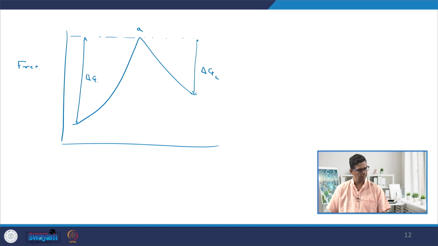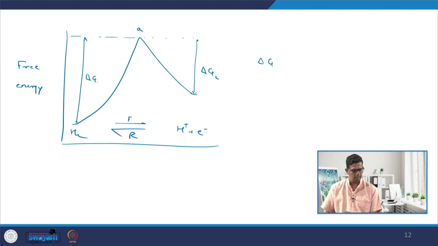This is again free energy, H2, H plus electrons. So, in this case the reverse reaction will be favored because delta G1 is far greater than delta G2, or in other words delta G2 is smaller than delta G1. So, the reaction barrier for the reverse reaction is smaller, and therefore, the reverse reaction will be favored.